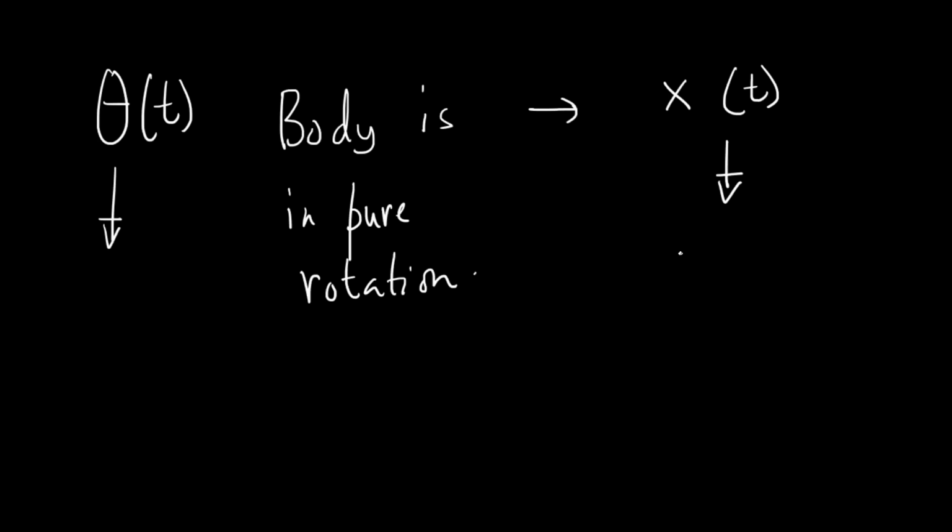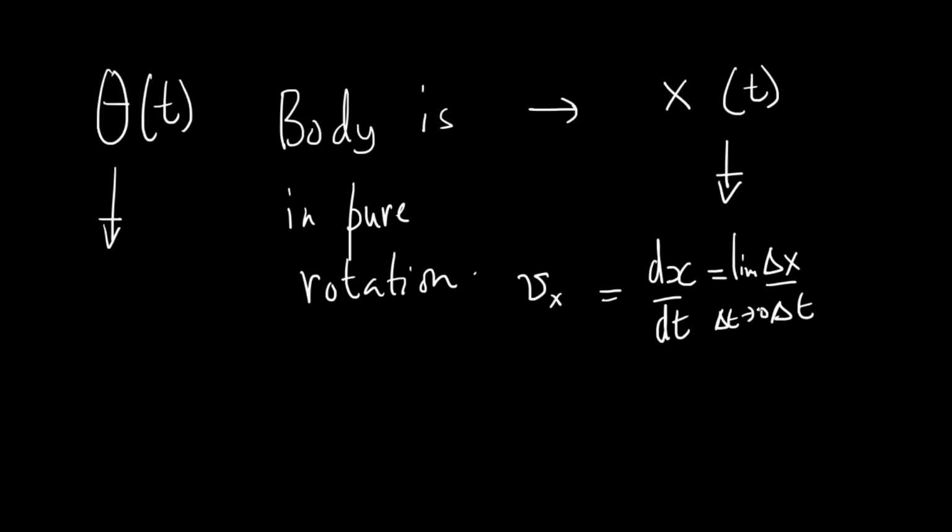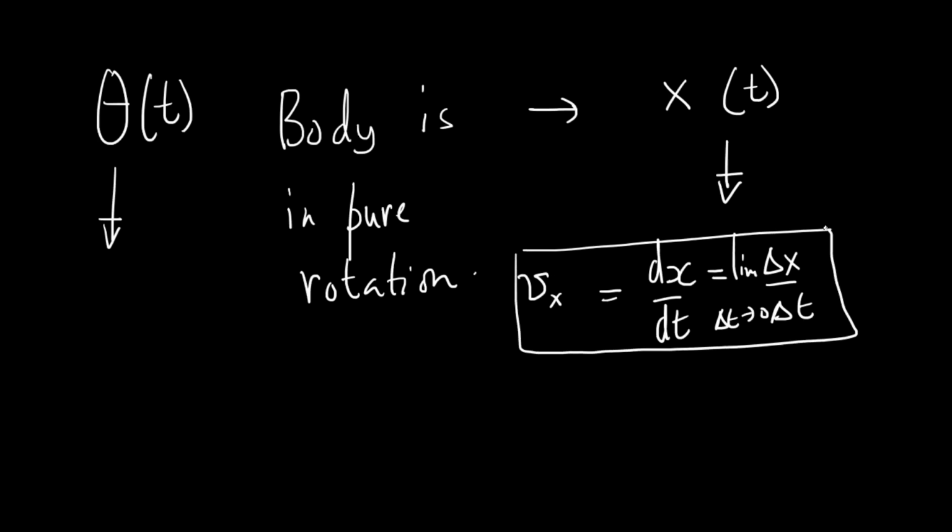The next kinematic variable, which is dx by dt, is equal to delta x by delta t, is equal to velocity, is equal to the limit as delta t tends to 0. So here is a person who might become important very soon. Well, you can do the same thing here, and the same story turns out to be true.